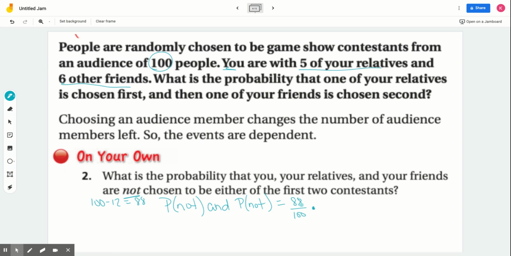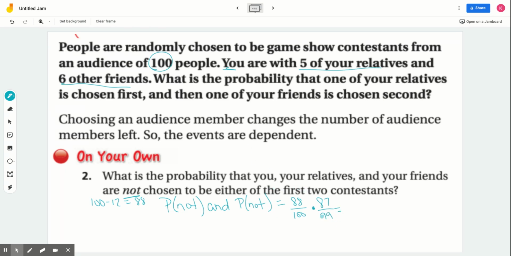So if there were 88 people that were not in that category before, and they've chosen one of those, now we have 87 people to choose from the audience. Now, 87 of the people in the audience would fit this not friends, family, or yourself. Then the total number of audience members went from 100 to 99 because we've already chosen an audience member.